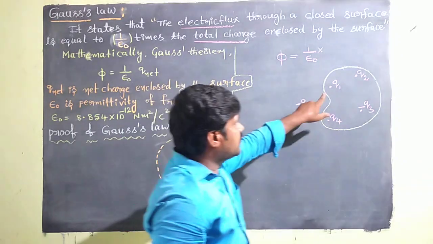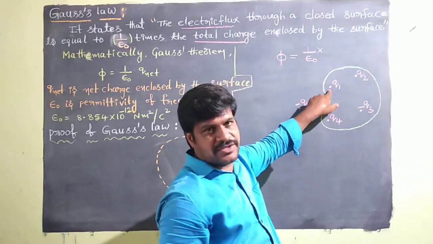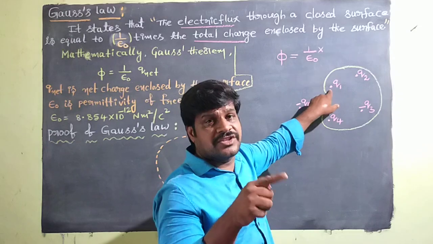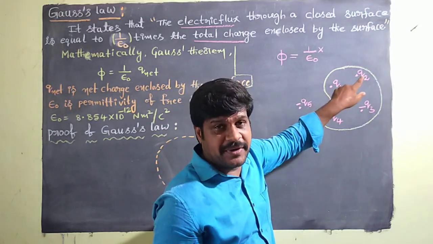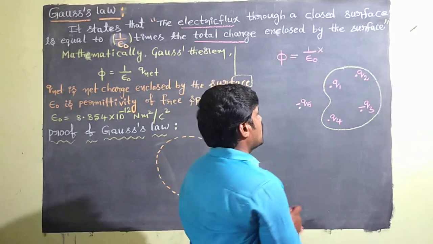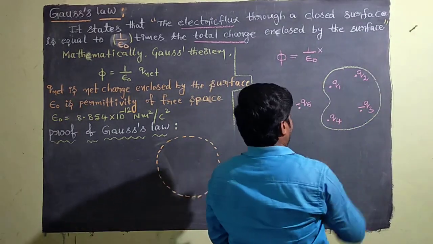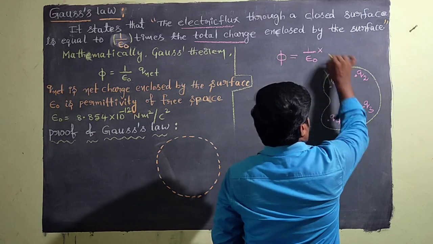Now, around a charge there will be an electric field, and the electric field can be represented by electric field lines. Due to this charge, I can take the number of electric field lines like this.